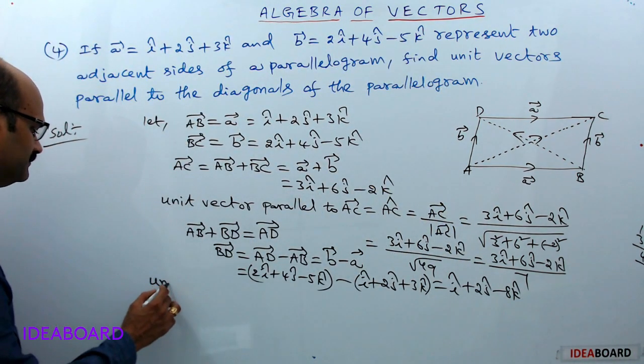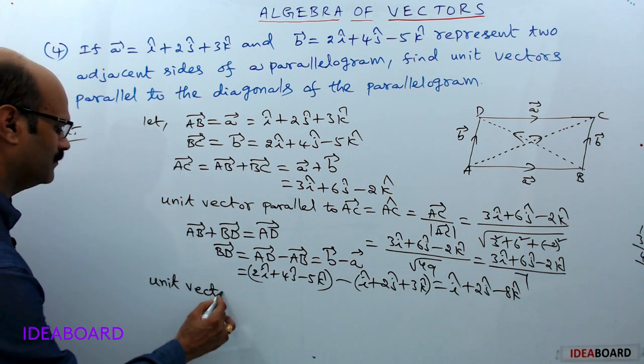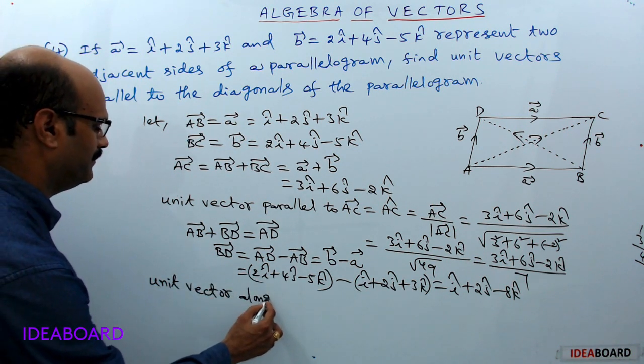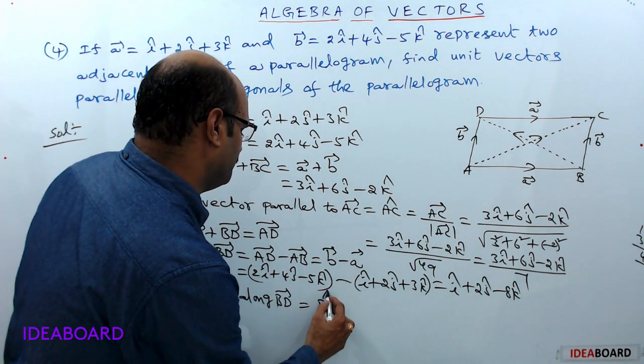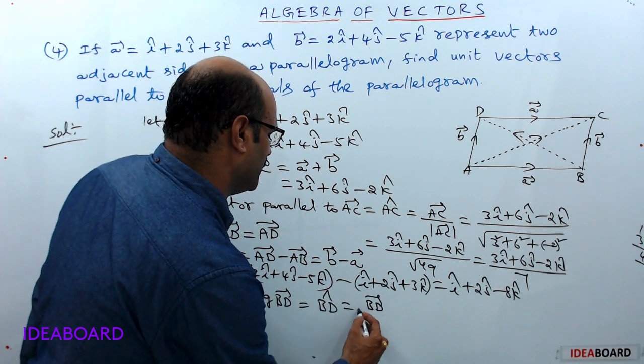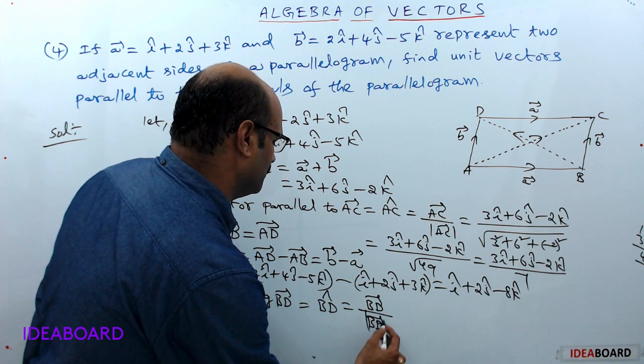Unit vector along BD vector, BD cap, equal to BD vector by modulus of BD vector.